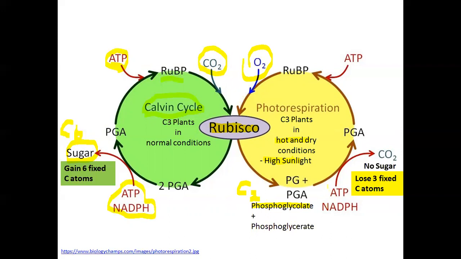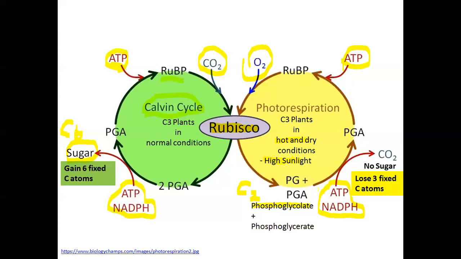At this stage, the ATP and NADPH produced by the light reaction will be utilized by the photorespiration reaction itself.